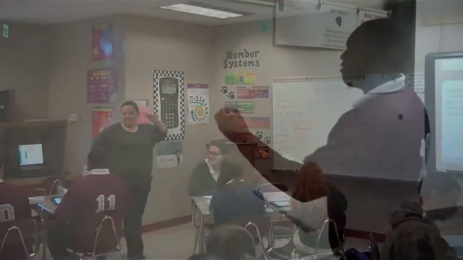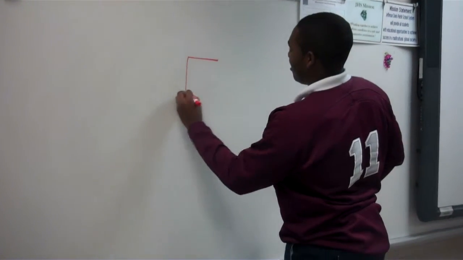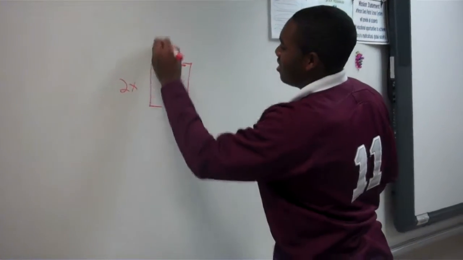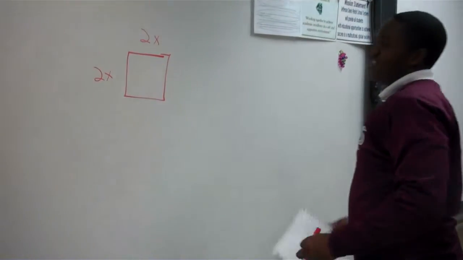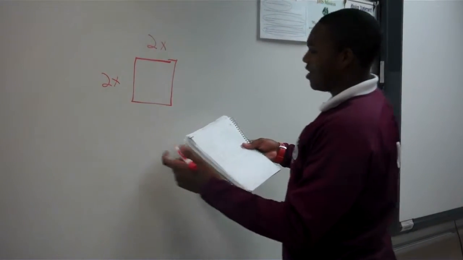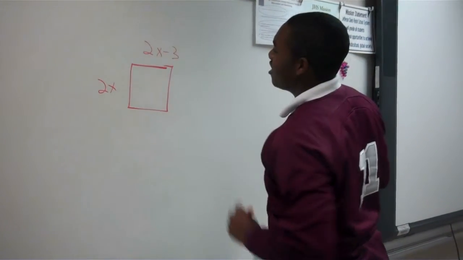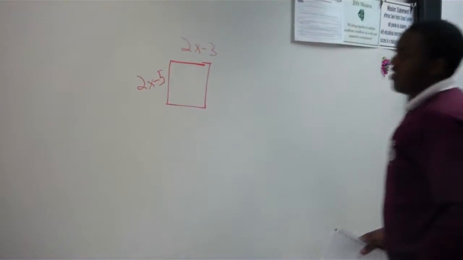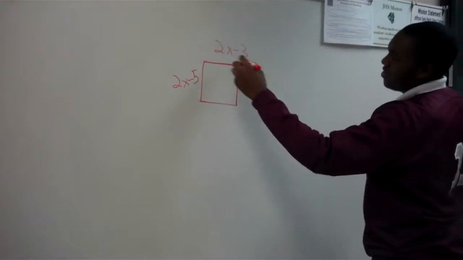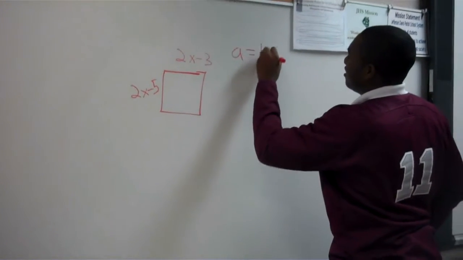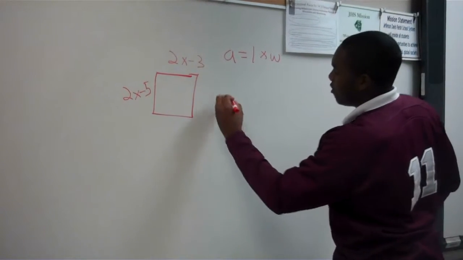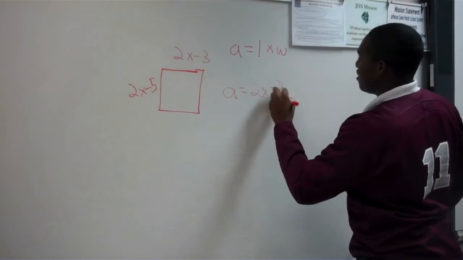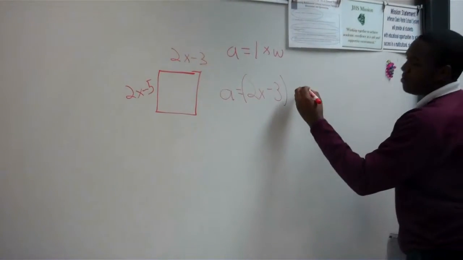Wesley started off by drawing the square, and it was 2x on each side. And then he took away 3 from the length, so minus 3, and he took away 5 from the width. So I set up my equation by doing area equals length times width. So the length is 2x minus 3 times the width.